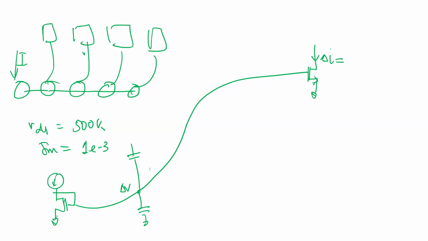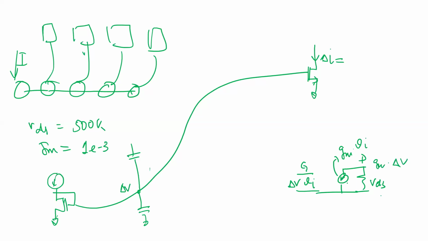Got it? Because in your small signal model, that's what you're doing, right? Basically, in your small signal model, you have Vi, this is the drain, gate, and this is RDS, right? So this current is GM times Vi. So if this is delta V, this current is going to be GM times delta V, correct?